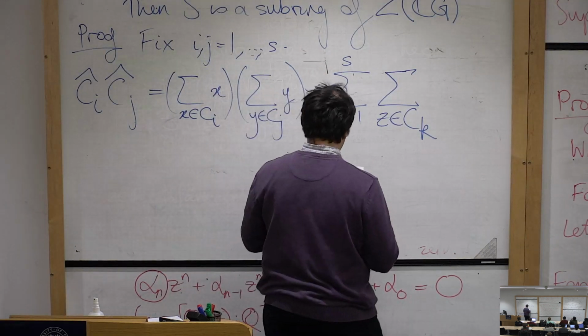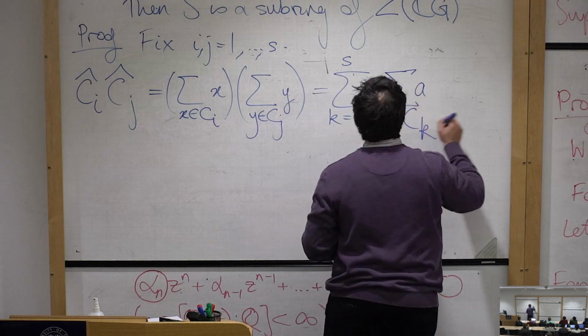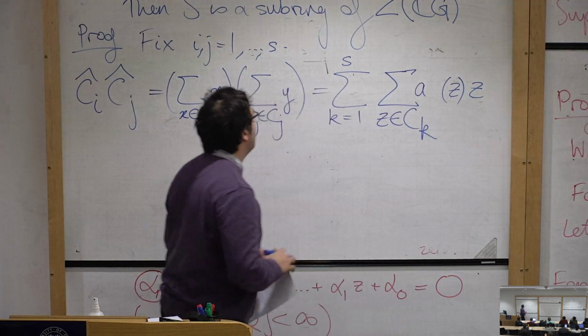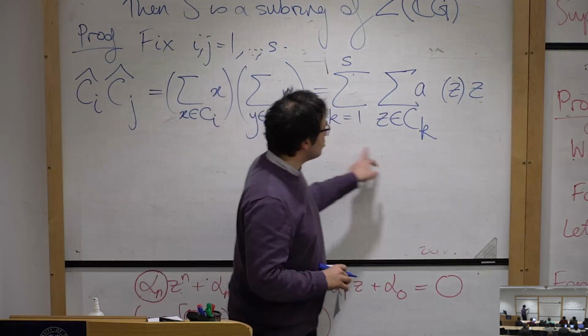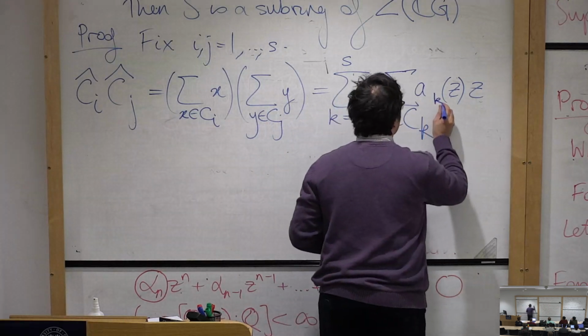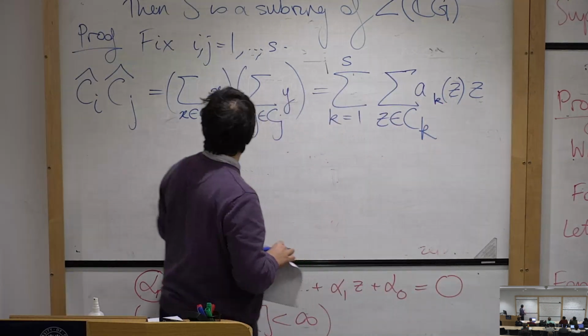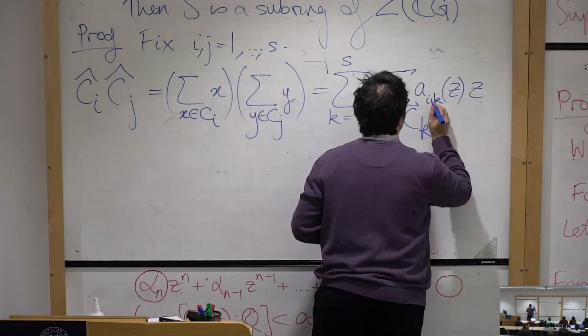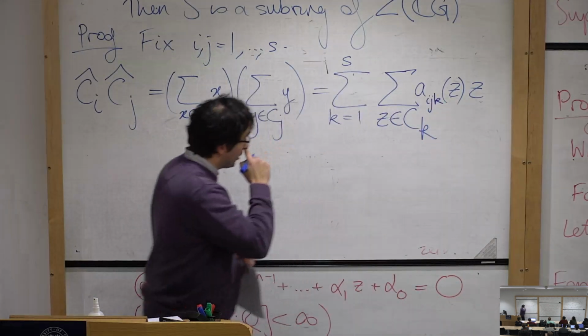And so any element can be written like this, with some scalars a_{ijk}, depending on k, of course. Okay, but obviously i and j are fixed, so a depends on i, j, and k.